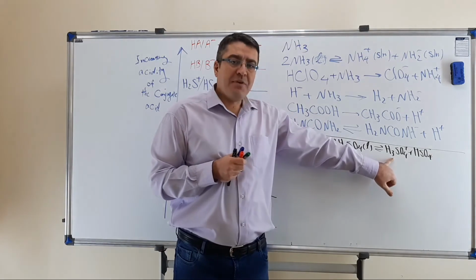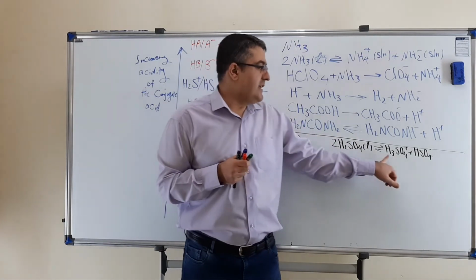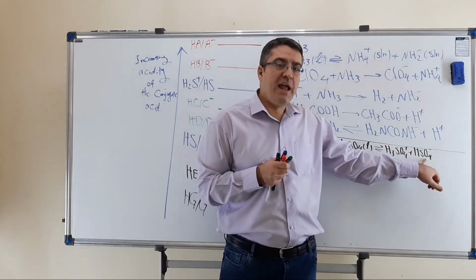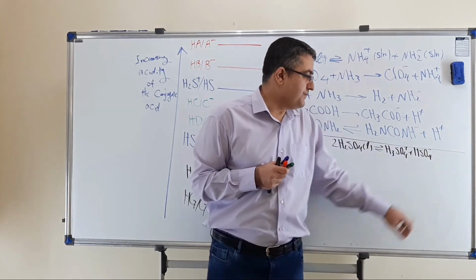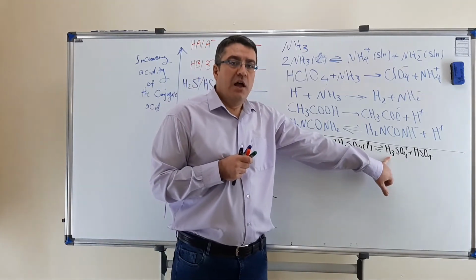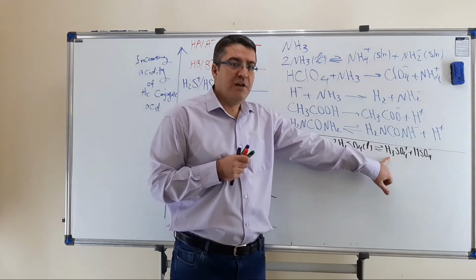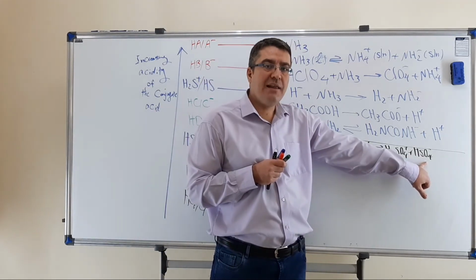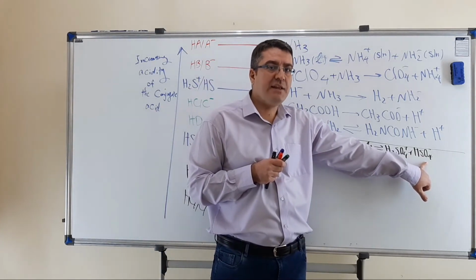The lyonium cation of sulfuric acid is H3SO4+, and its lyate anion is HSO4-. All acids stronger than the lyonium cation will be leveled with the lyonium cation, and all bases stronger than the lyate anion will be leveled with the lyate anion.